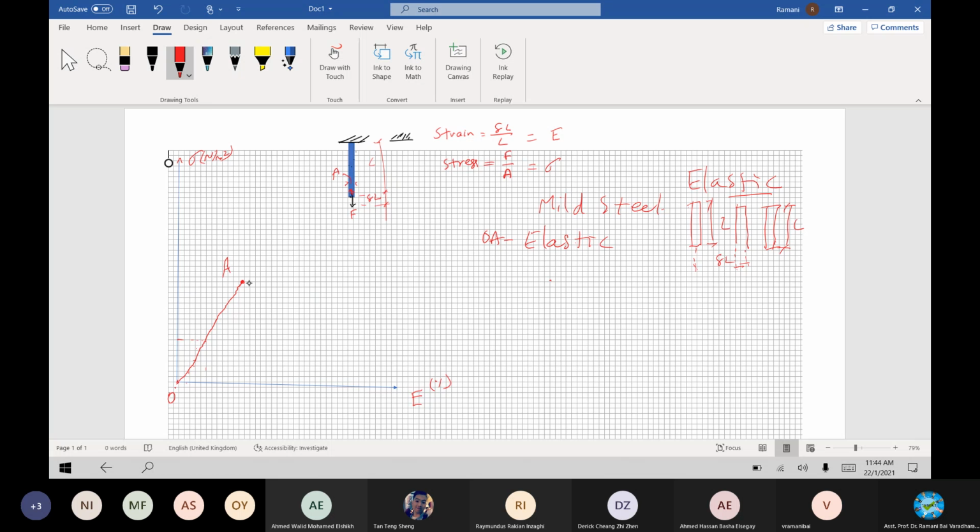After this, there are some variations shown by the member. It is very peculiar and very interesting to see the phenomenon. It will be a slight increase. Although I put it in a zoomed view, you cannot see exactly the length, but there is a slight hump until it reaches B. That means what?